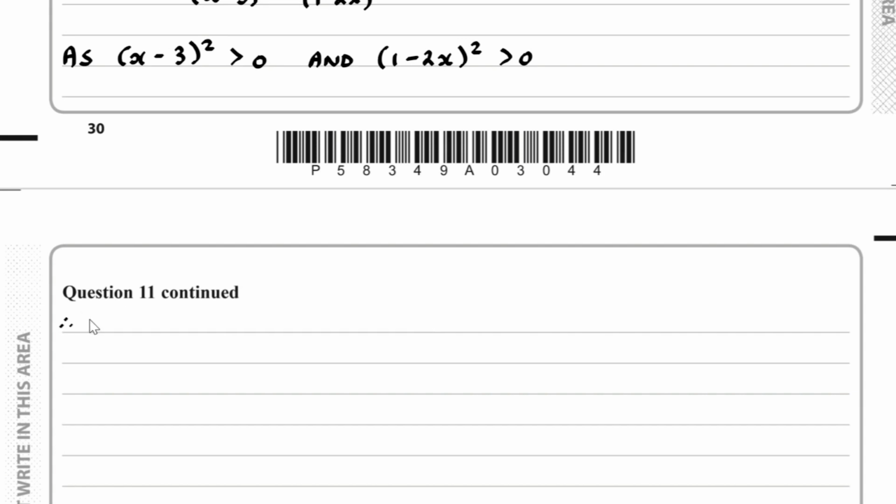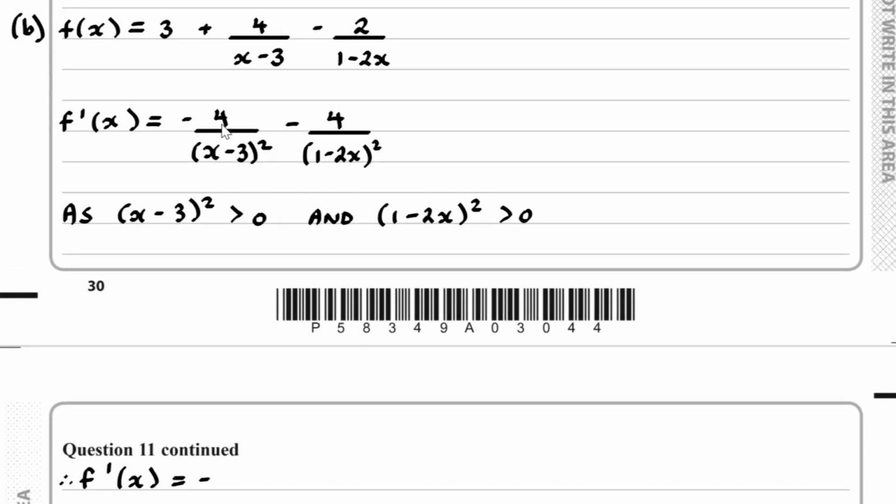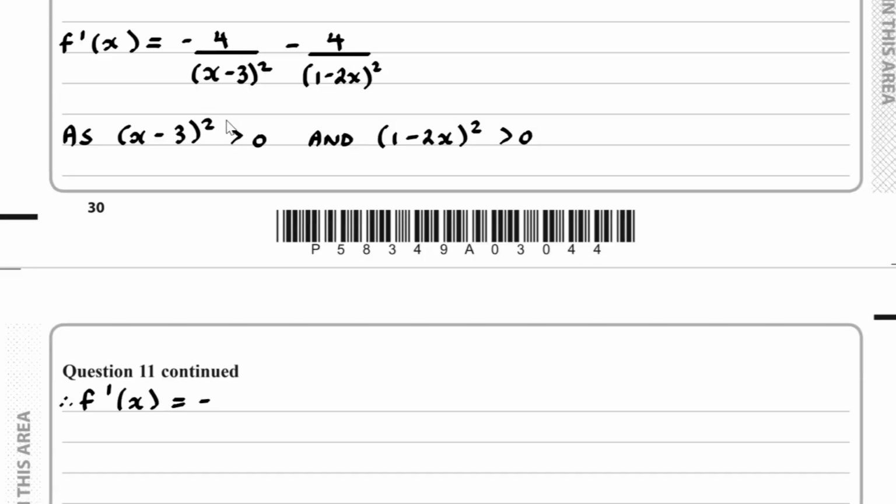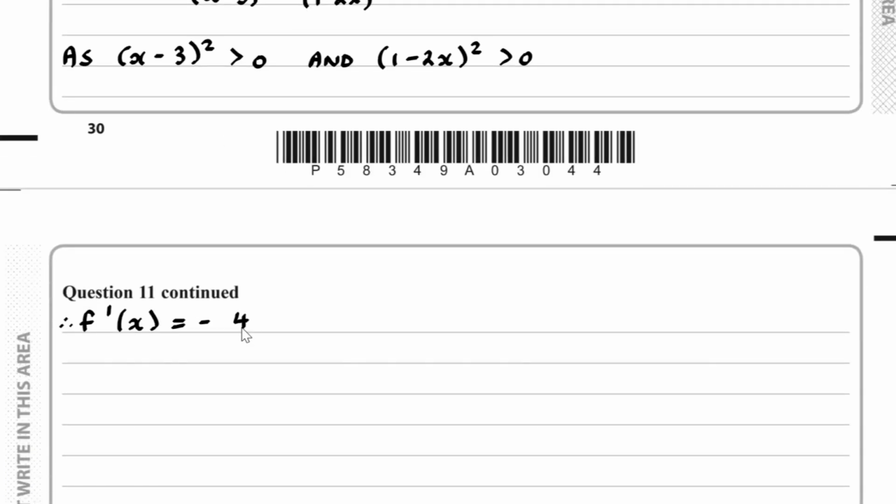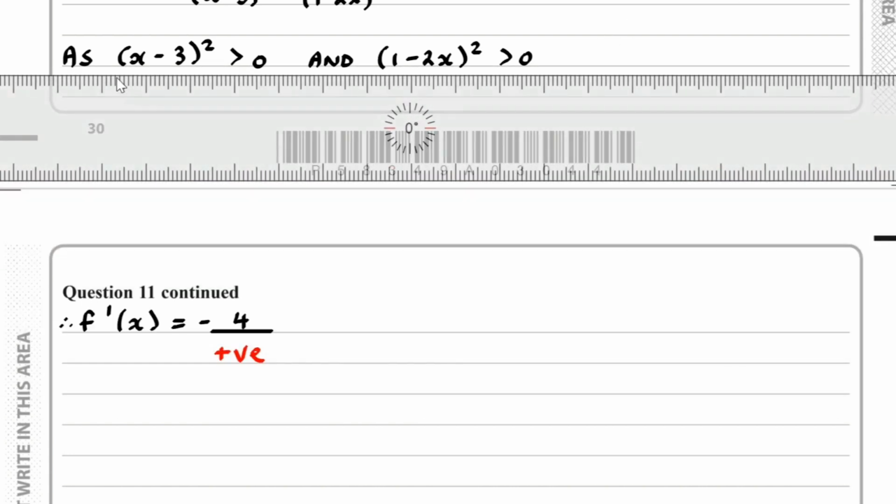And so therefore, f dash of x will be negative, and the reason we've got negative is because over here, we've got negative 4 over something positive. So that is this result here.